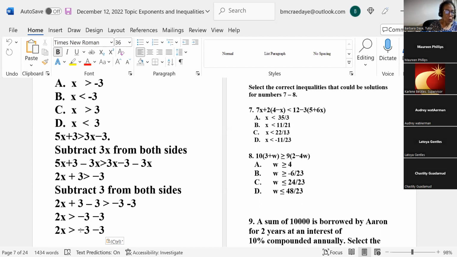What's 4 plus 4? 8. So a plus and a plus gives you a plus. What's a minus 4 and a minus 4 added? Just add them together. It's minus 8.